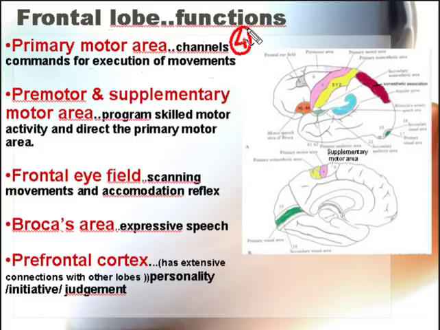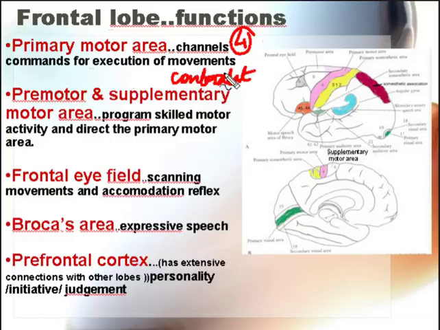It sends down the information for execution of movements to the lower motor neurons. This controls voluntary activity of skeletal muscle in individual movements of different parts, and this is on the contralateral side. That is important. I've been saying this all along, that the cerebral cortex controls the opposite side of the body.